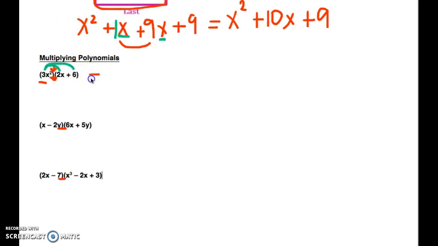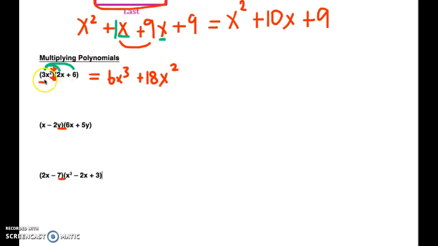So I have a 3x squared times a 2x. 3 times 2 is 6. x squared times x is x to the third. So that takes care of my first to first. Then I'm going to do my first to the second. 3 times 6 is 18, and it's positive. And then I don't have any variables here, so it's going to be 18x to the second power.